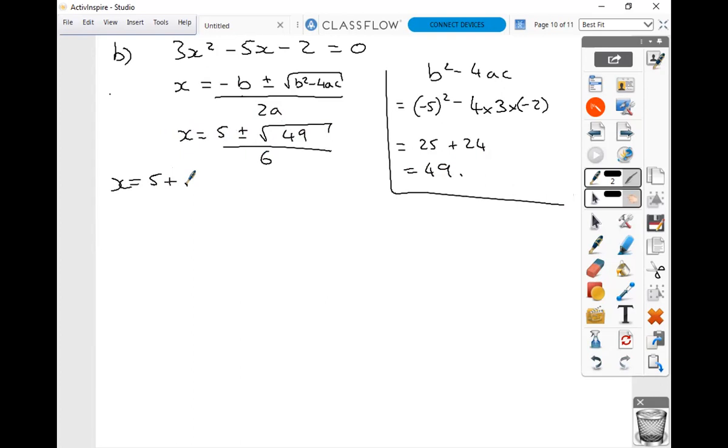Root 49 we can actually solve, it's 7. x equals 5 plus or minus 7 over 6. 5 plus 7 is 12 over 6.